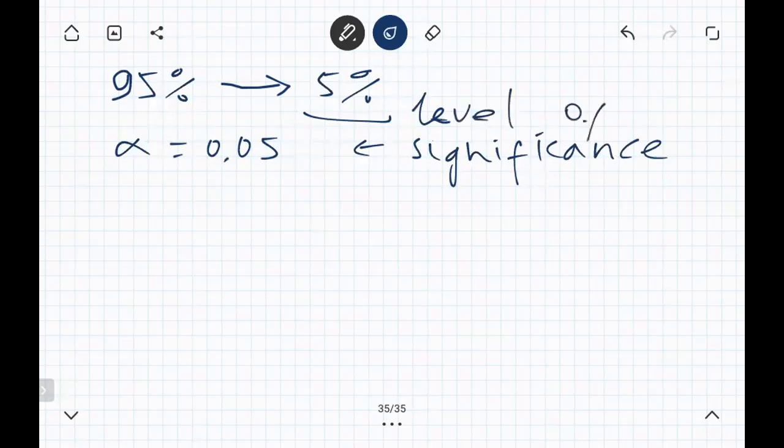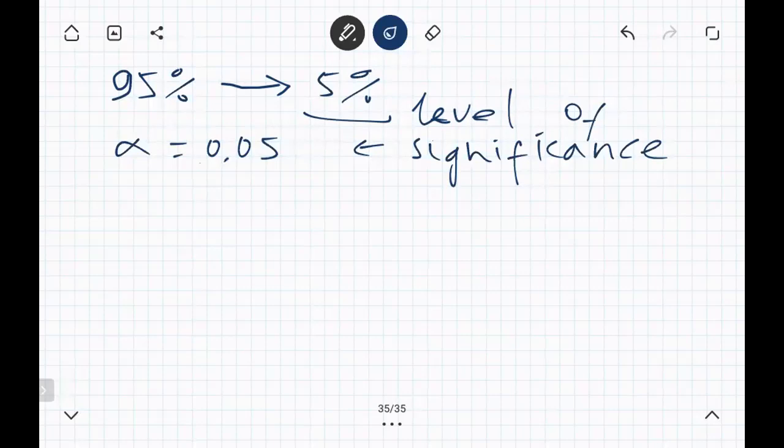What it means is that if the result of our test tells me that my null hypothesis is incorrect, so if I reject the null hypothesis, then there is a 5% chance in this case that I'm making an error by rejecting the null hypothesis.